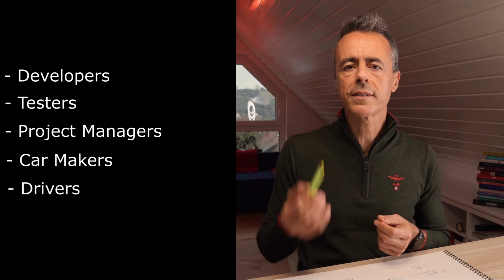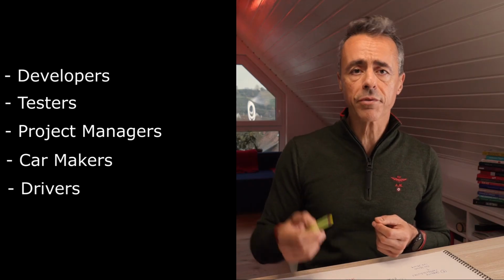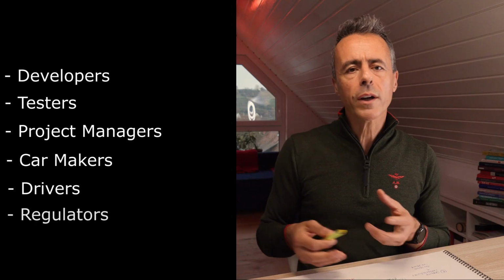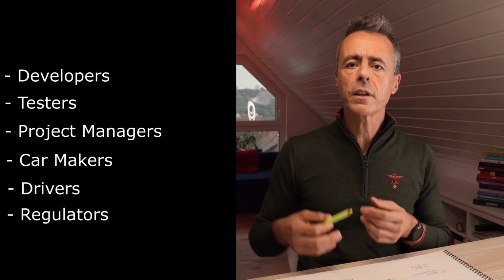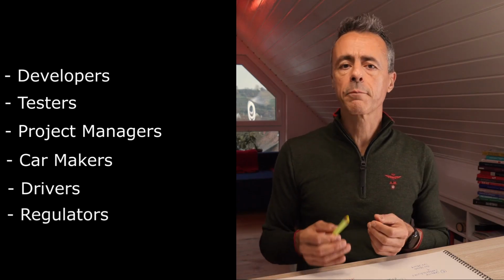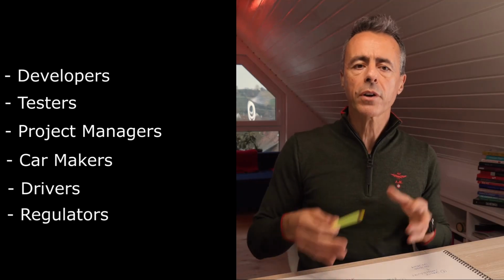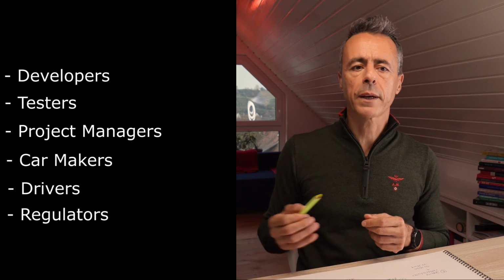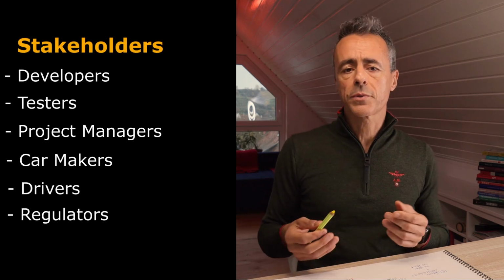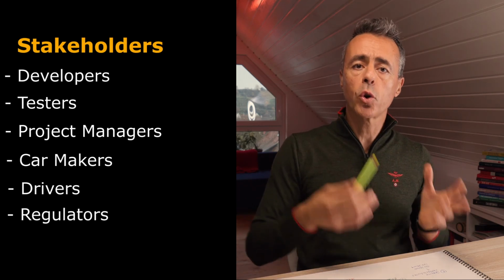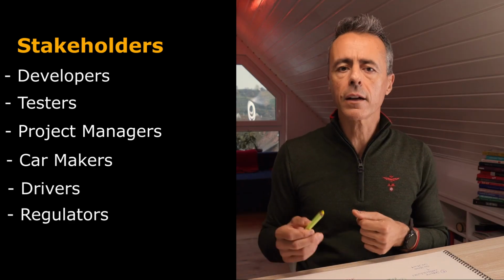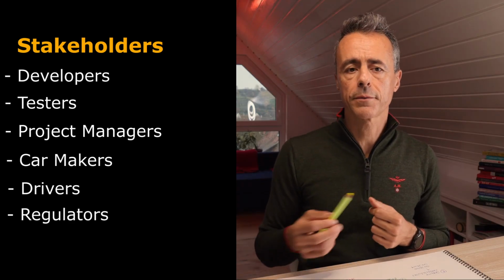The expectation is simple: it works, it is safe and secure. For regulators, quality means safety, security and compliance, protecting people, vehicles and the environment. Different groups care about different aspects of quality. These groups, suppliers, car makers, users, regulators, etc., are called stakeholders.